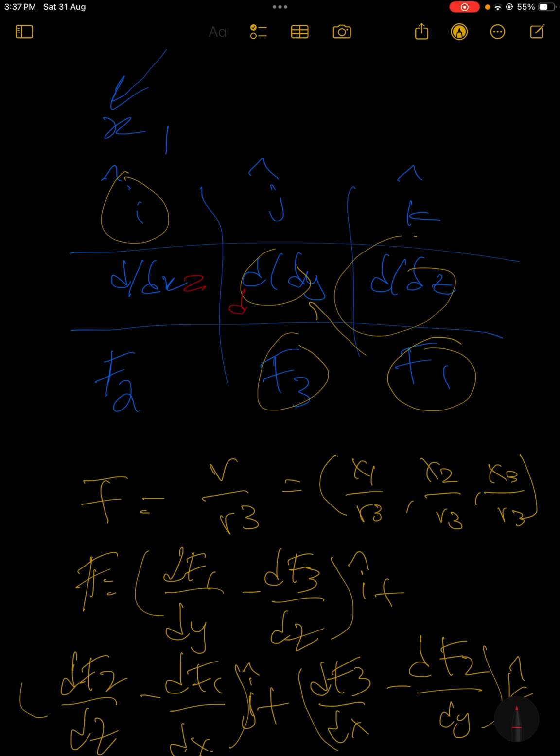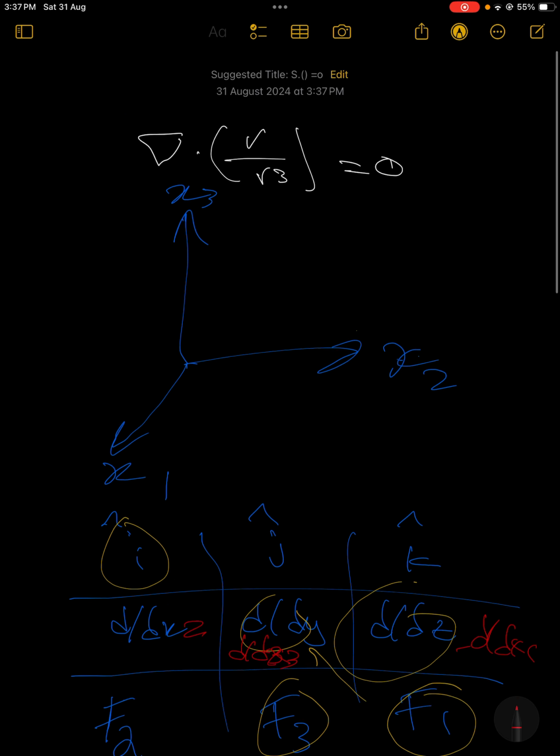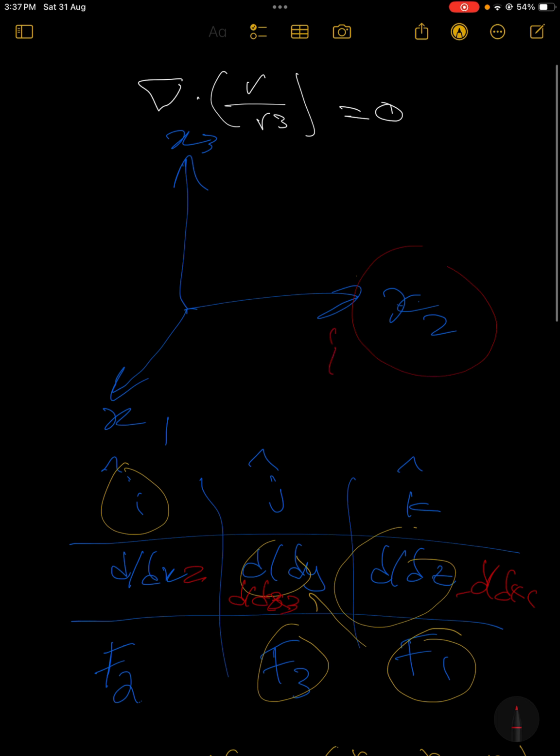This could be d divided by dj, this will be dx3, and this also can be d divided by dx1. Okay, so i equals x2, right? This is i, this is j, this is k. So that's why we are going to make df1 dx equals df1 over dx2.